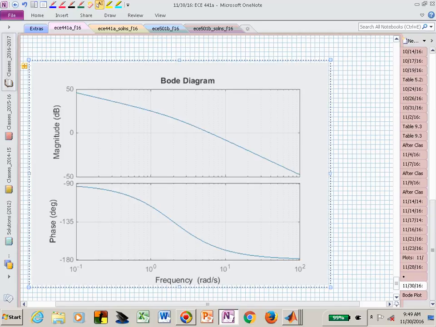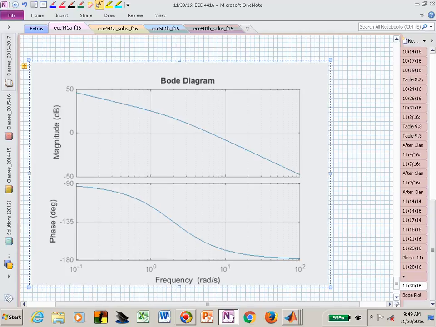Does this Bode plot look consistent with that system? Where's our angle at low frequencies? Where should it be? What was our system type? Type 1, that had a pole at the origin. What does that say the phase is at low frequencies? That pole at the origin is contributing minus 90 degrees for all frequencies, and that's where we're starting, isn't it?